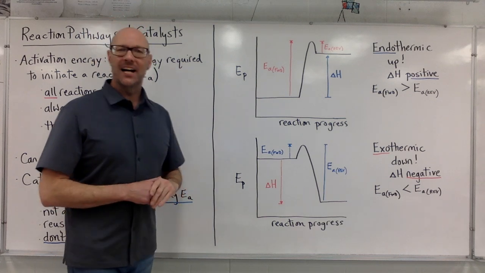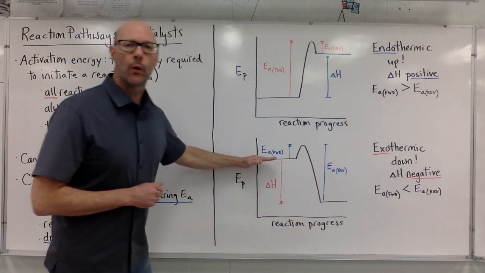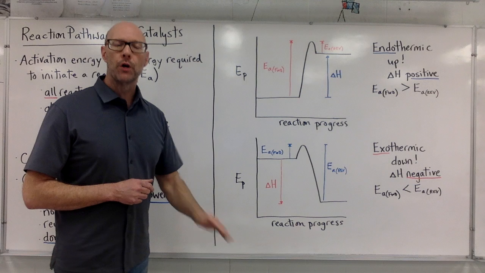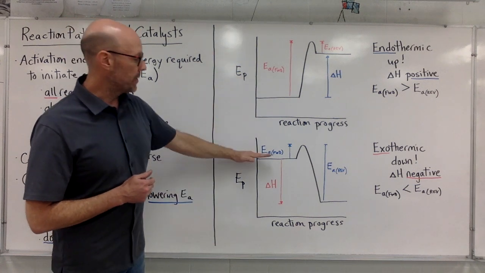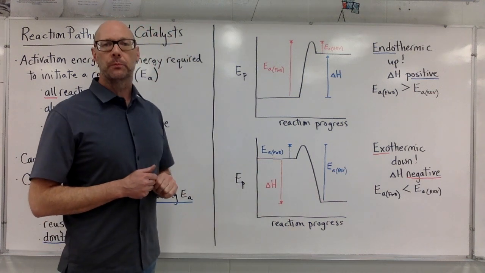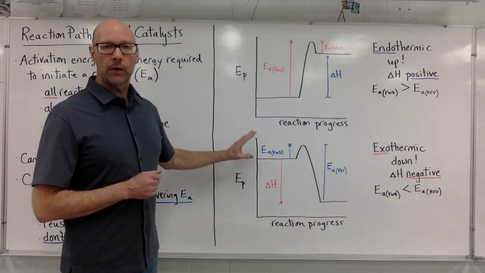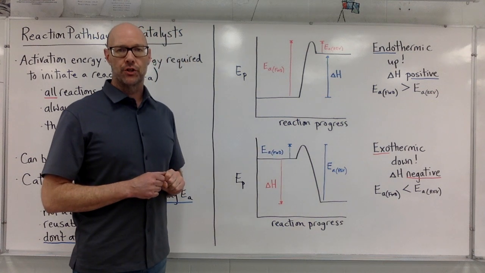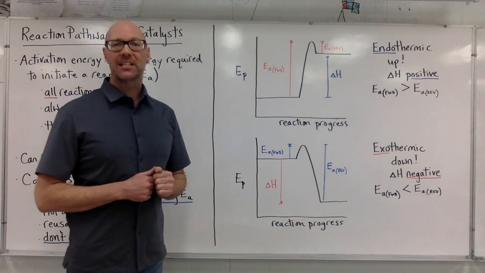It's the same idea in an exothermic situation, only the graph overall is going down. From horizontal line to horizontal line, a downward move is exothermic. And just like always, the distance in between the two horizontal lines is the enthalpy change, the delta H. This exothermic graph also has a positive forward activation energy and a positive reverse activation energy.